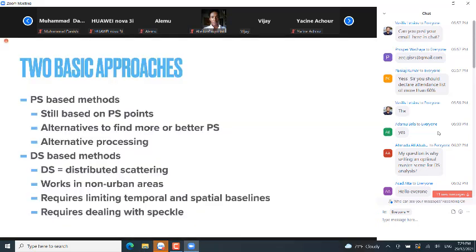And they are suffering from spatial decorrelation and temporal decorrelation, so we typically try to limit temporal and spatial baselines for the interferograms. So for DS methods, we try to have not too long a time difference between the interferograms and not too long spatial baselines between the interferograms, to avoid spatial and temporal decorrelation, or, let's say, minimize them. Can't really avoid them, let's say minimize them.